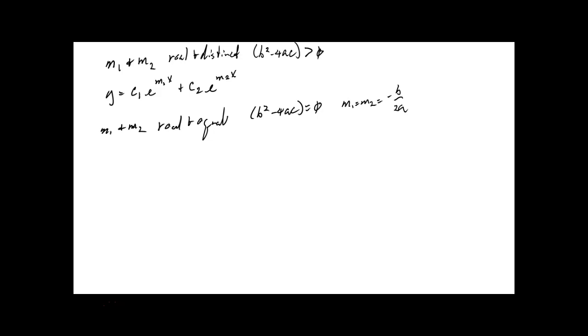Okay? Now, we still need two solutions, but if you put y is equal to C1 e to the M1x plus C2 e to the M2x, but M1 and M2 are the same, those are the same solutions. Those are not linearly independent. So that doesn't work here.